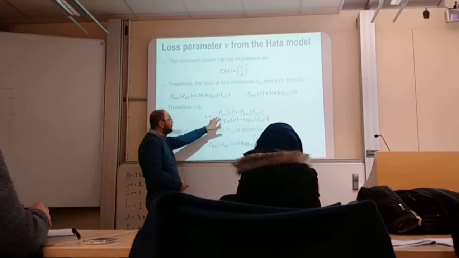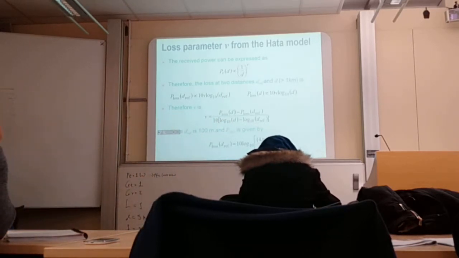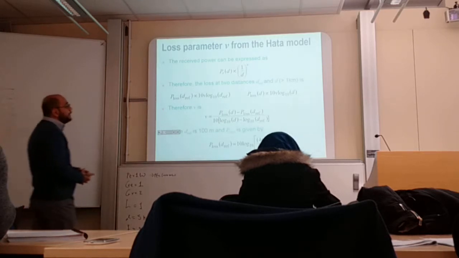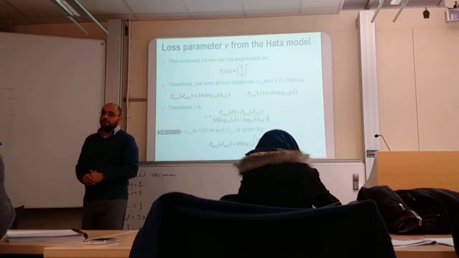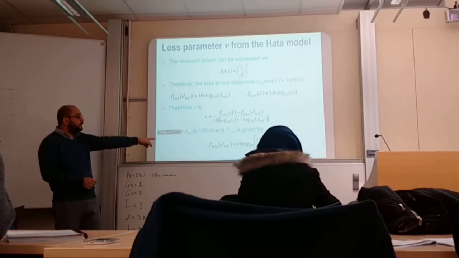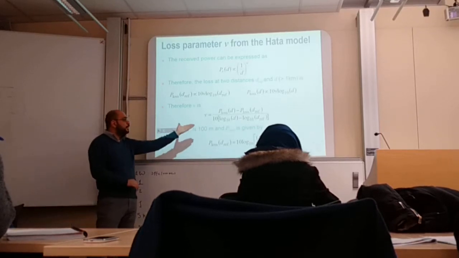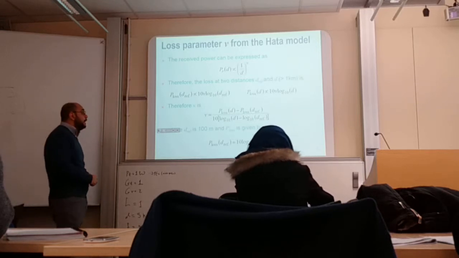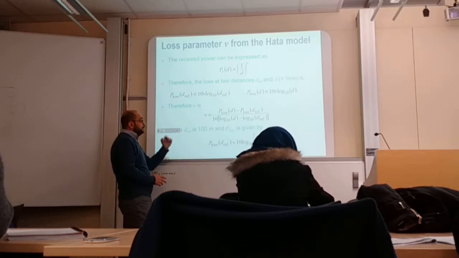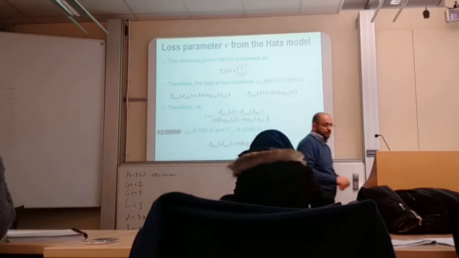You get this one from the Hata model, based on the information that I supplied in the question, minus the power loss at d reference. And use this equation, which is basically the free space propagation equation. So the second part, the loss at d reference, we calculate from this equation based on the inputs. Now we have these two numbers, we subtract them, and then we divide by the log of the distance minus the log of d reference, and of course these numbers you would know, the d and the d reference. If you do that correctly, you get the exponent V. So the longest part maybe is doing the Hata model.